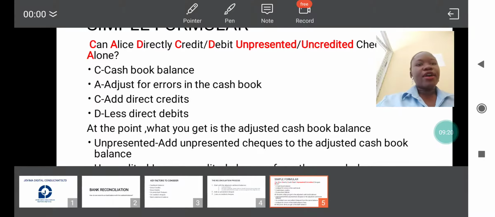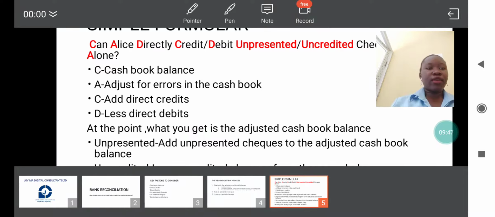Chances are higher that even this month may not reconcile. So, opening balances are a key point here. Make sure your opening balances in the bank match the ones you have in the cash book before you start reconciling. If they don't match, first go back to reconcile previous periods before you reconcile the current period.